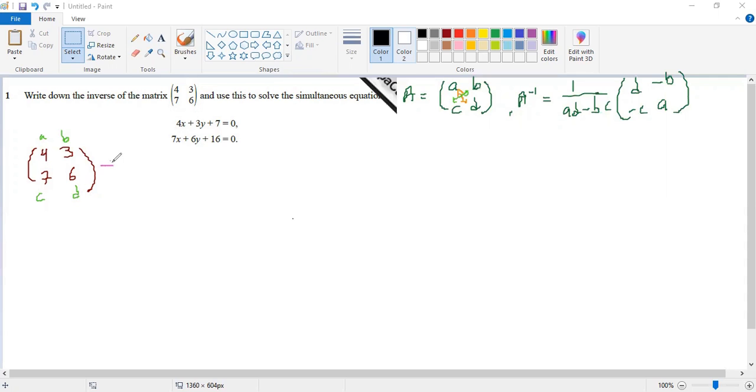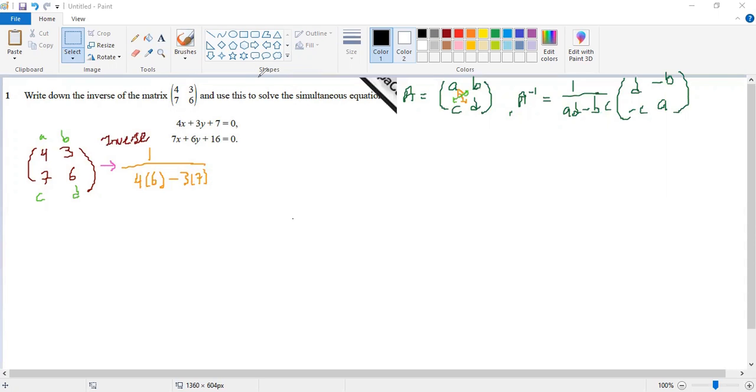Let's try to compute the inverse, please. The inverse of this matrix would be 1 over ad minus bc, which means 4 times 6 minus 3 times 7.